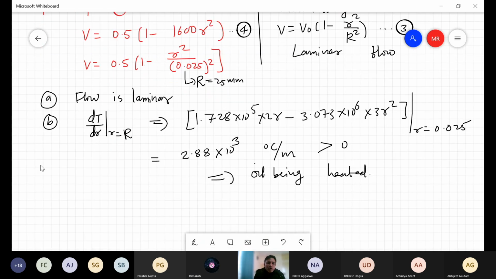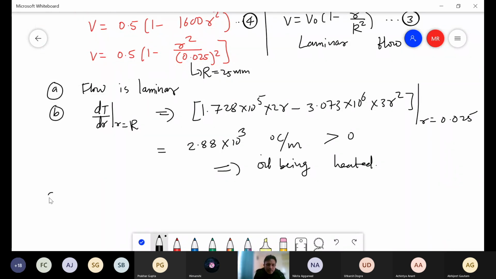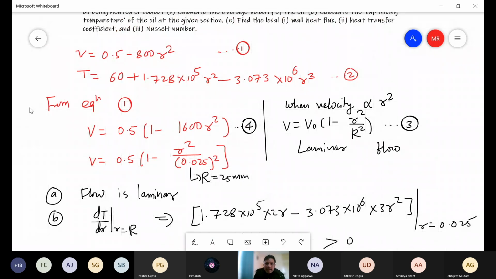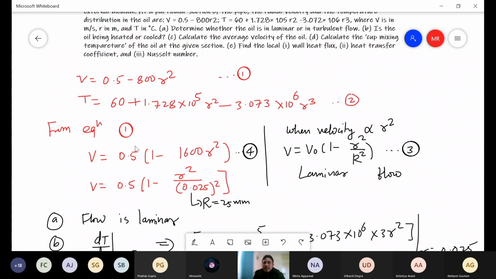What is part C in the question? If you go back and see, part C is calculate the cup mixing temperature, which is nothing but the average temperature. This concept you will get to know in the next class tomorrow. Cup mixing temperature is the temperature which you average over all the variable values.